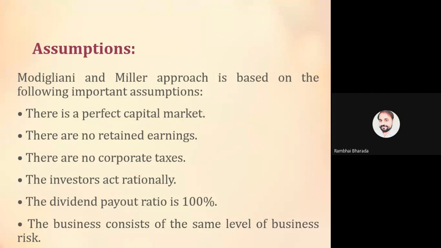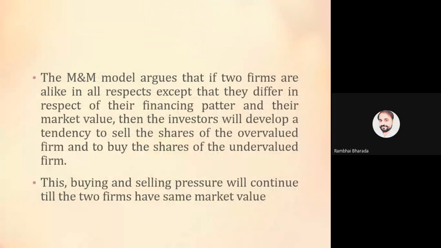Okay, coming to the next. Now the main theory that is explained by MM. This para explains the theory of Modigliani and Miller. Now read out this one and let's try to understand this.